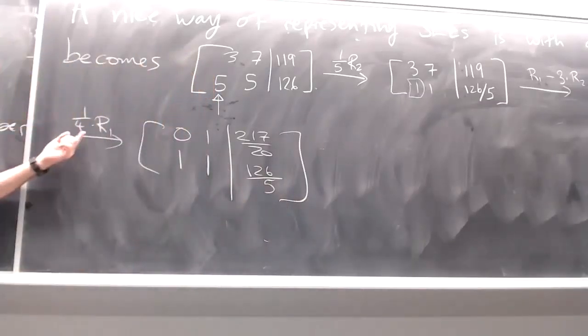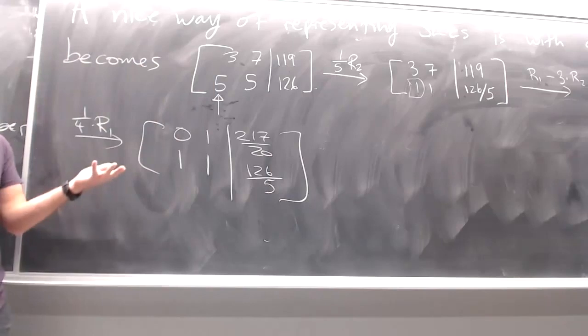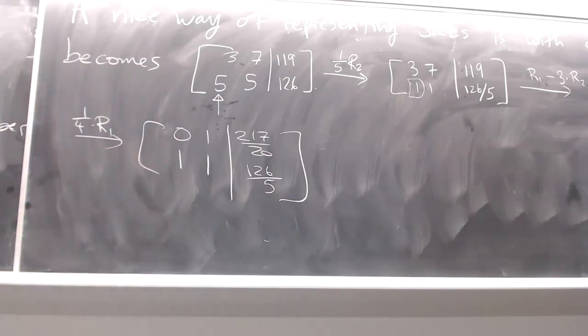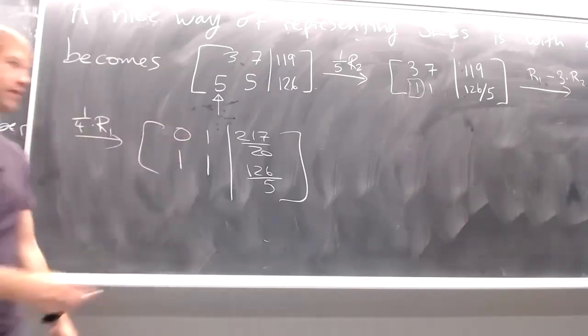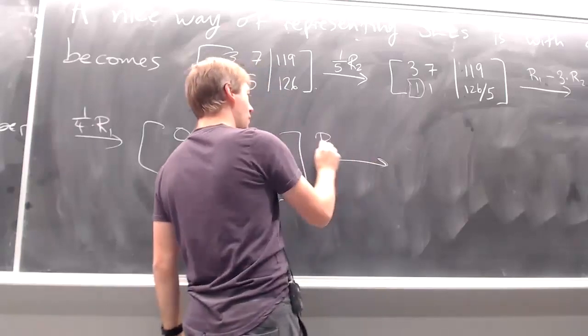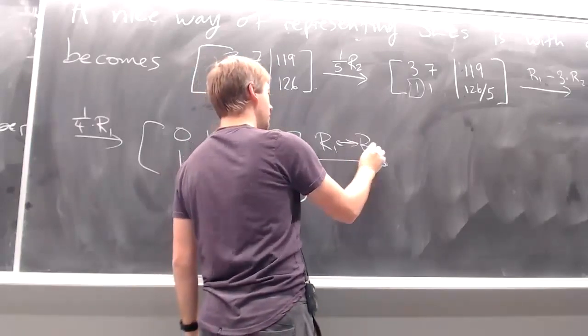So this just means multiply row 1 by a quarter. And now I'm trying to get 1, 0, 0, 1. So I'm going to just switch these because it looks kind of the wrong way around. So the notation for that is row 1 gets swapped with row 2.